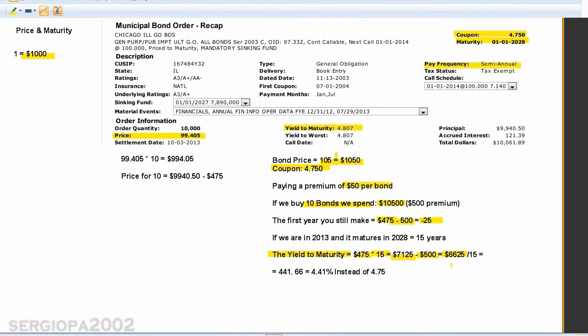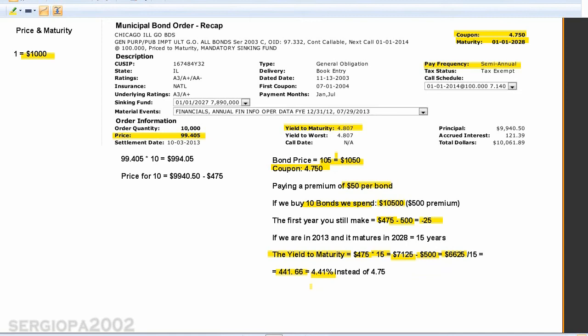Divided by 15 years, that gives us $441.66. Now you see it's lower than the 475. Now we have to really calculate the percentage of that, based on the $10,000 of the bonds, because we bought 10 bonds. That tells you that our yield to maturity rate is 4.41% instead of 4.75.